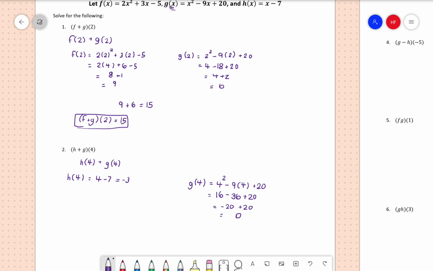So g of 4 is 0, h of 4 is negative 3, so negative 3 plus 0 is my answer, which is just negative 3. So h plus g of 4 equals negative 3.